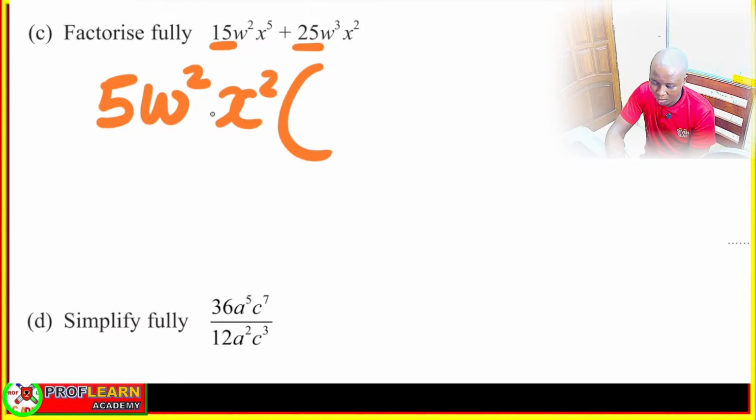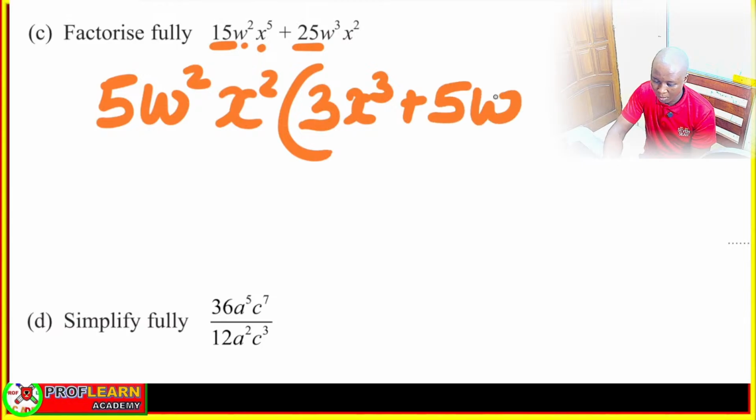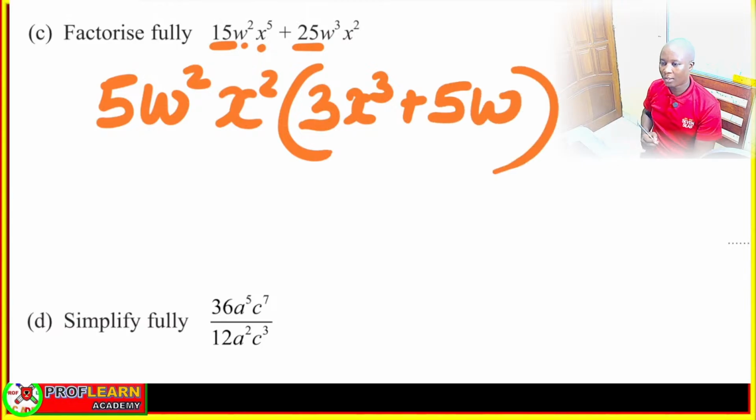Then inside the bracket, what do we need to multiply 5 by to get 15? We need to multiply by 3. And what do we need to multiply W power 2 by to get W power 2 here? We multiply by nothing. But for X, we are going to have X power 3, so that X power 2 times X power 3 will give us X power 5. And then plus 5 times what gives us 25? That's going to be 5. And W will be 1, and we are done with that particular expression. So basically that's what we are going to do.